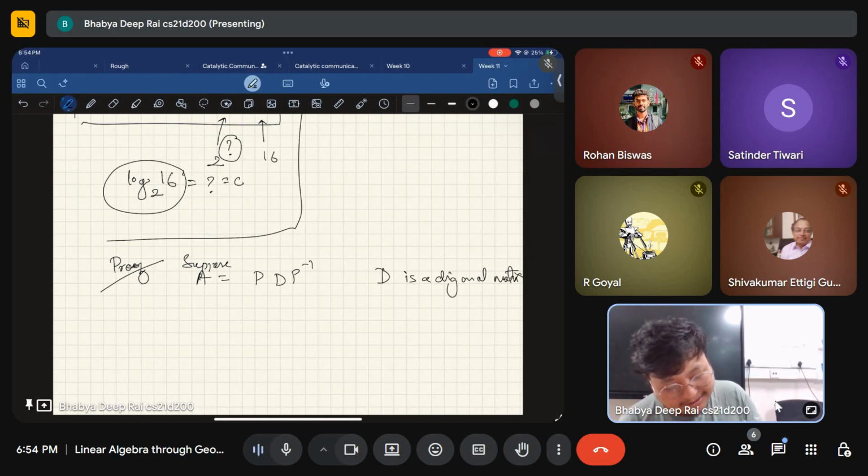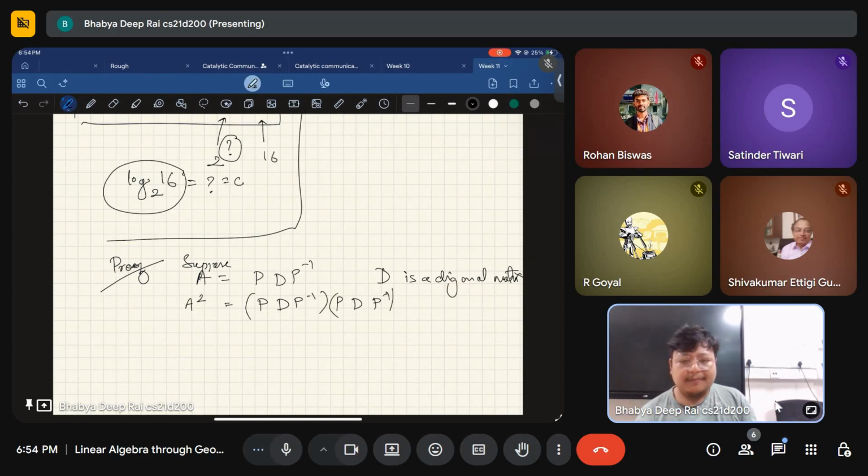Just see the fact that if you do A square, what do you get? PDP inverse times PDP inverse.